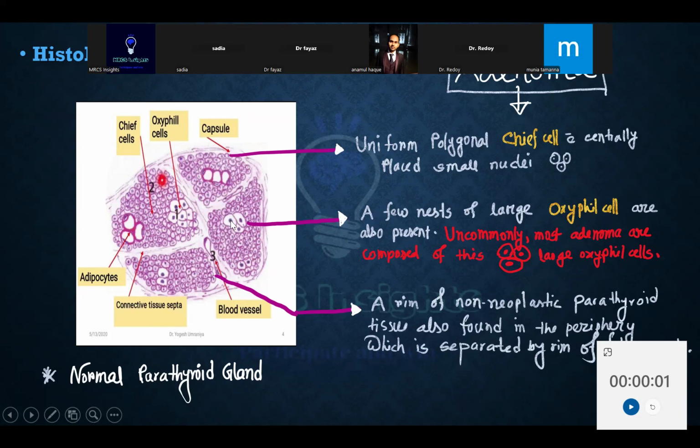Uncommonly, most of the adenoma is composed of oxyphil cells. There will also be a rim of non-neoplastic parathyroid tissue around the adenoma, separated by a fibrous rim. This is the histology of parathyroid adenoma.